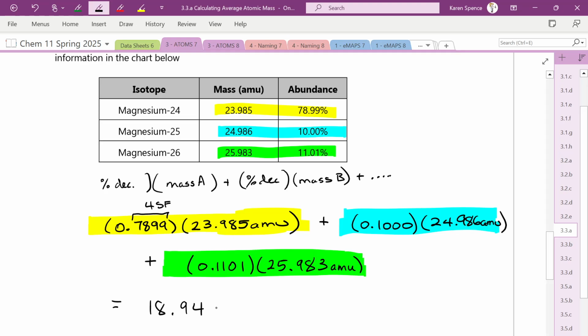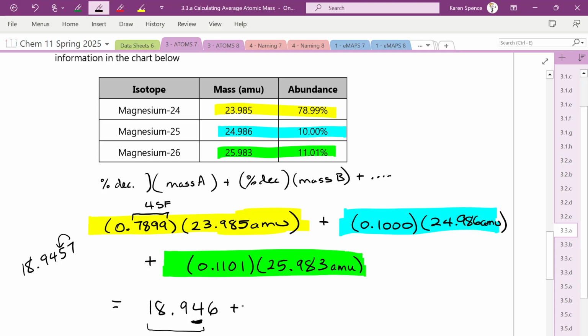So this would be 18.946. Because it was not 18.9457, I'm going to make that a 6. And now I've got an extra digit, but I'm going to remind myself that that is my uncertain digit because that is 4 sig figs. And this one, I'm going to write the AMU on the outside because it's irritating to write it every time.